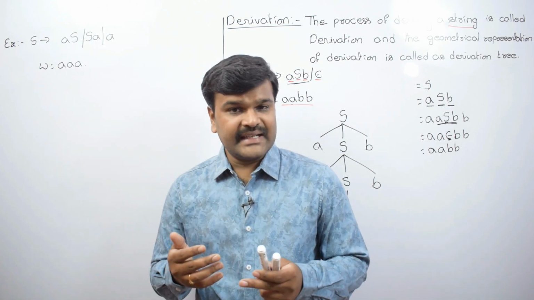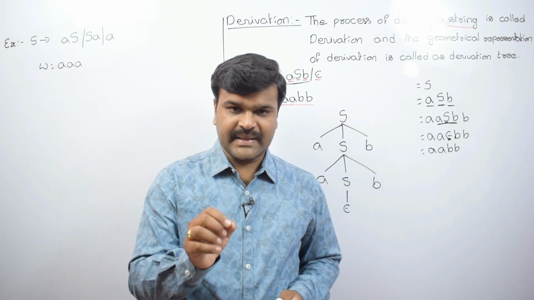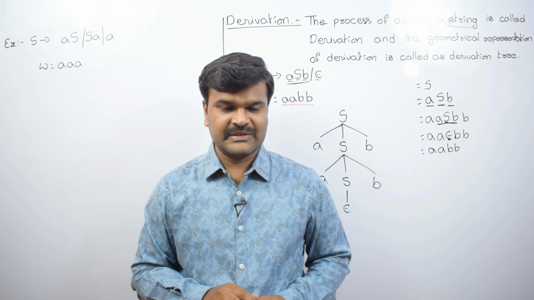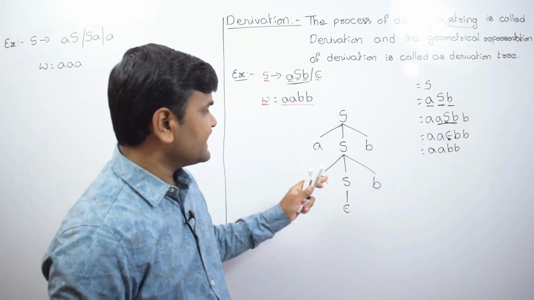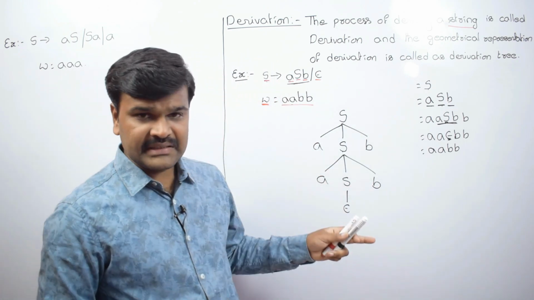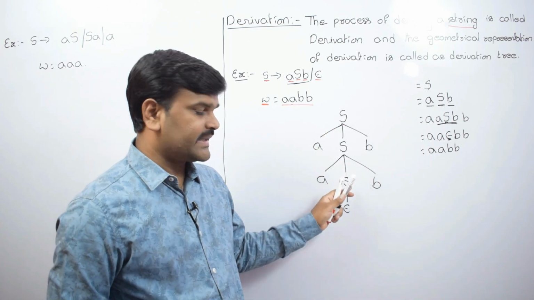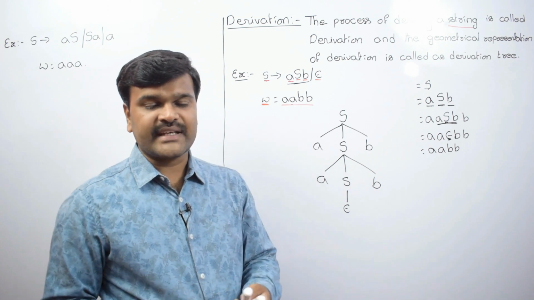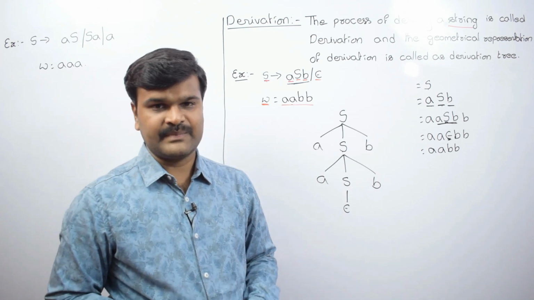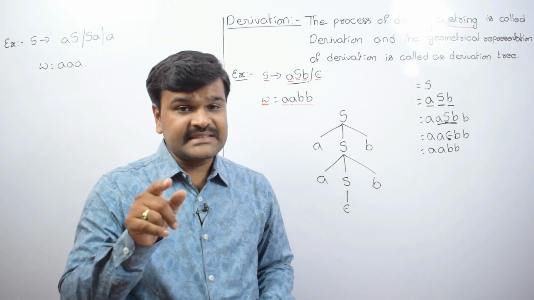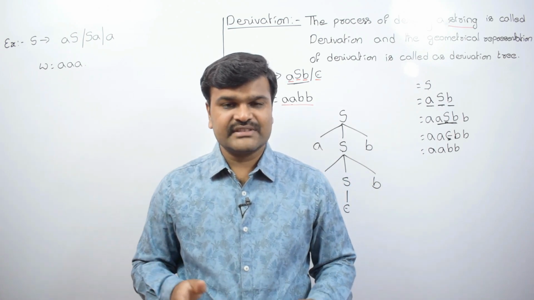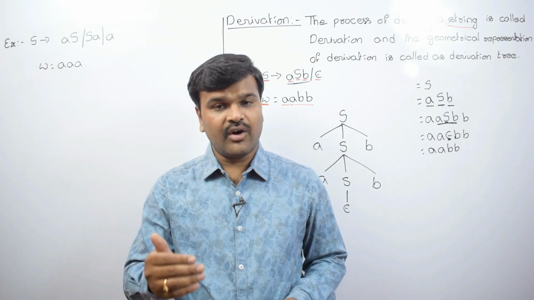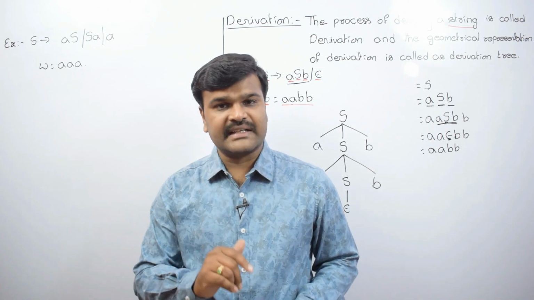At that time in a leftmost derivation we always expand the leftmost non-terminal. In this case we have only one non-terminal, so we always expand that one. If you have more than one, you always expand the leftmost one. Then the rightmost derivation is the opposite: we always expand or derive the rightmost non-terminal.